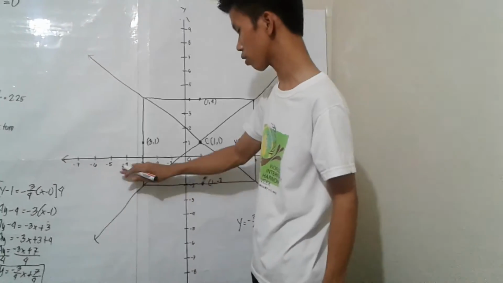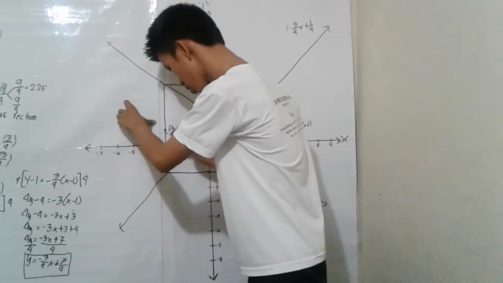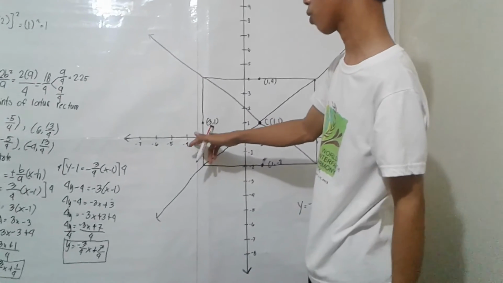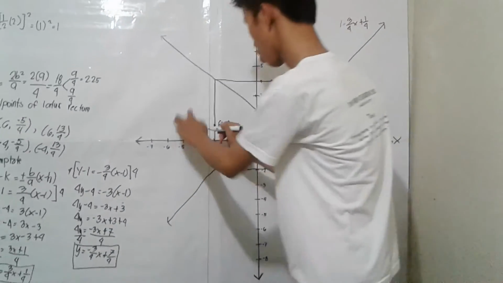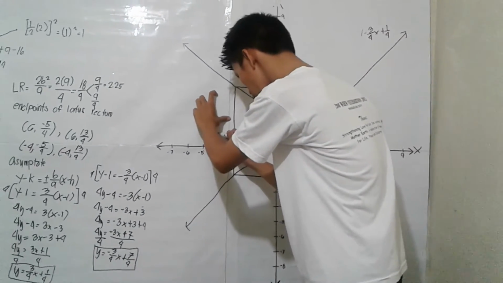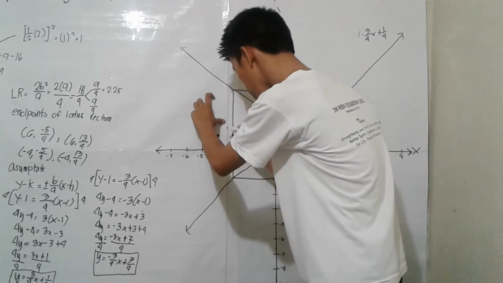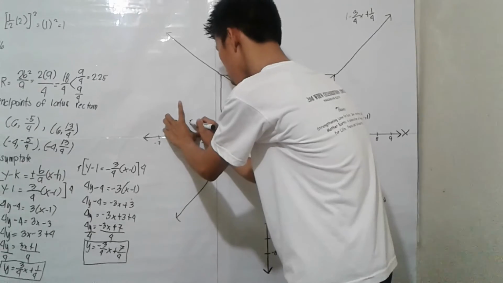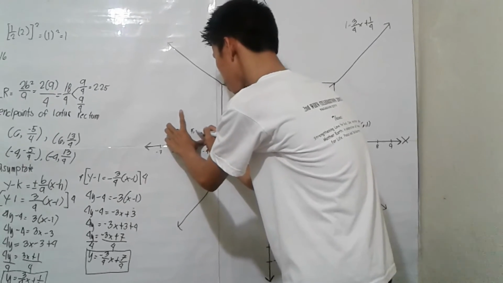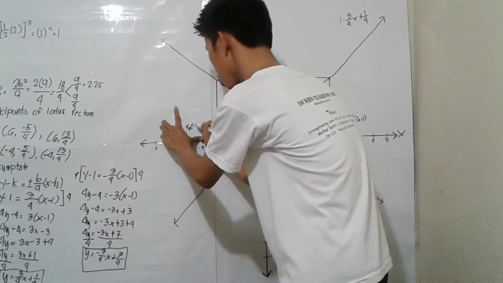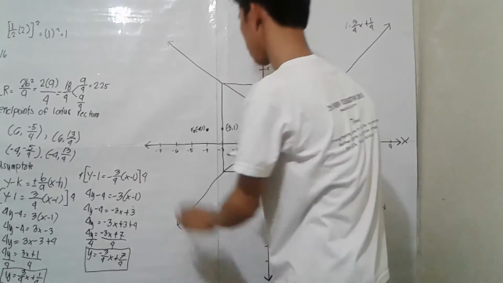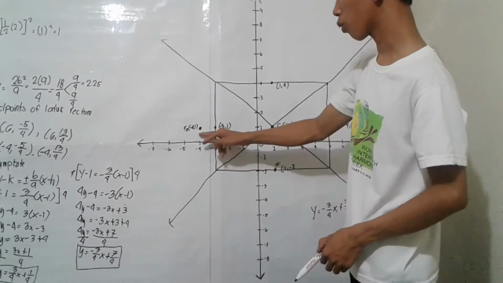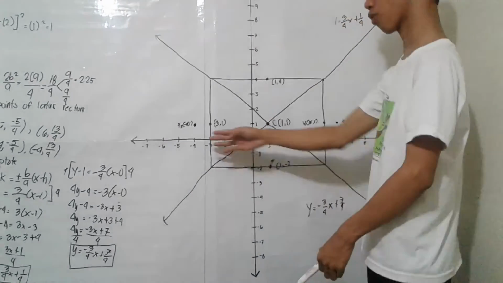Then here is our next focus, which is negative 4 and 1. So this is focus 2, negative 4 and 1. So we have 2 foci here.